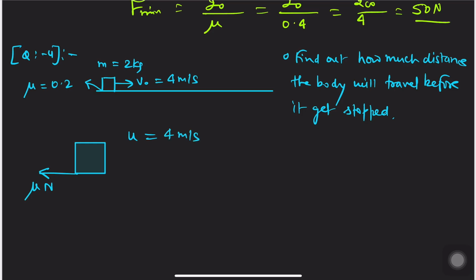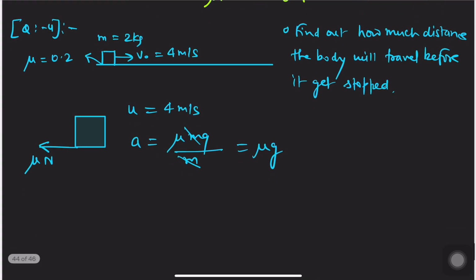Because of this friction force, there is a retardation in the body. The negative acceleration will be mu mg divided by m, so m cancels, and it is mu g. So the retardation will be mu into g.